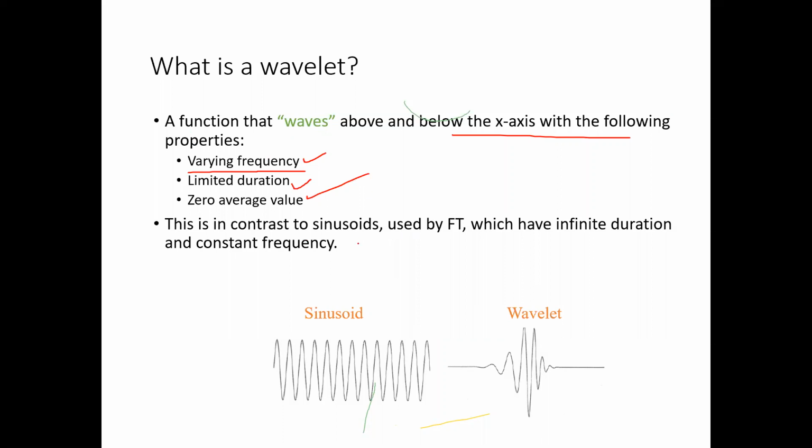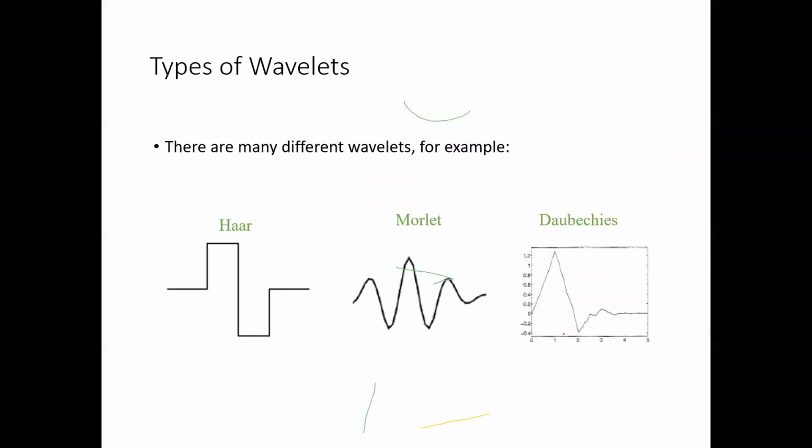This is in contrast to sinusoids used by Fourier transform, which have infinite duration and constant frequency, whereas a wavelet has varying frequency, limited duration and 0 average value.